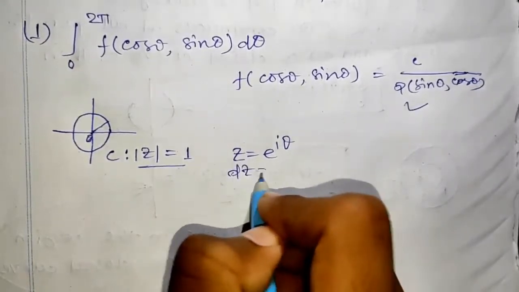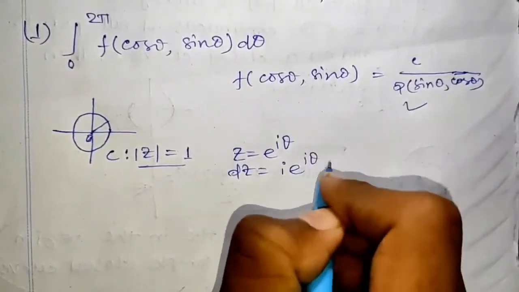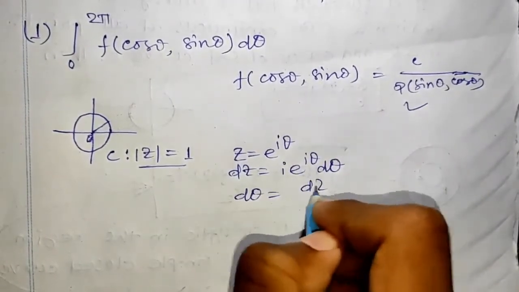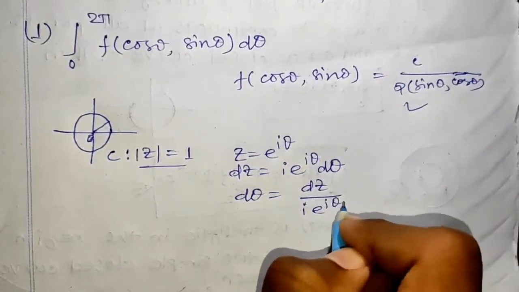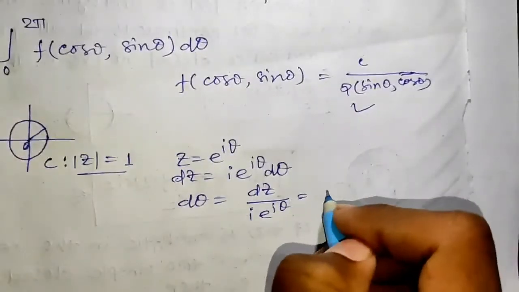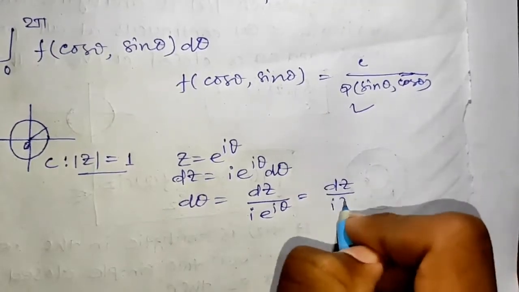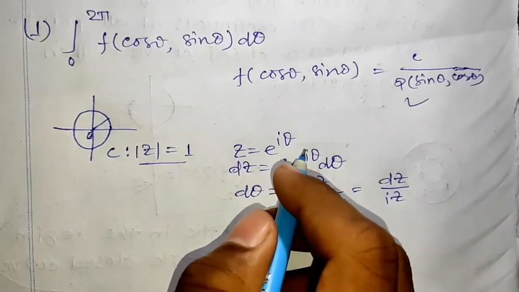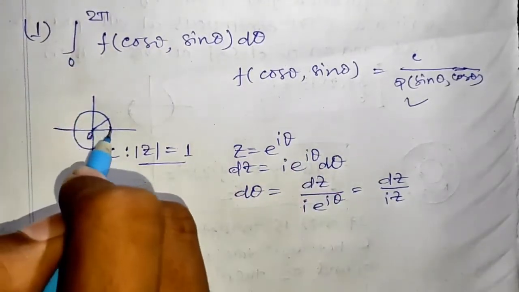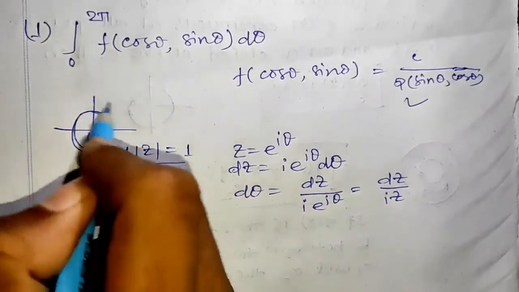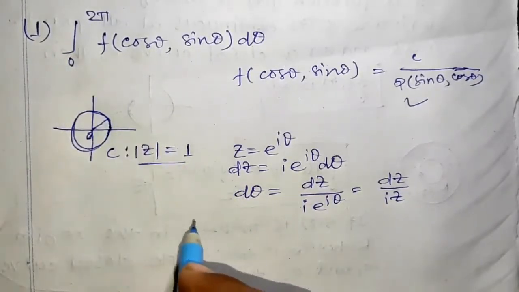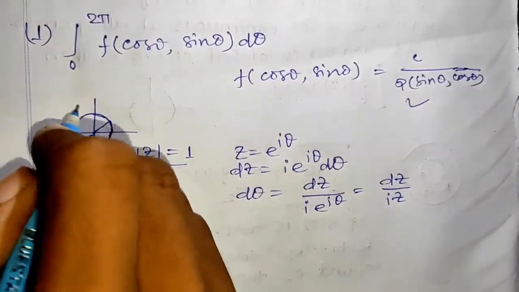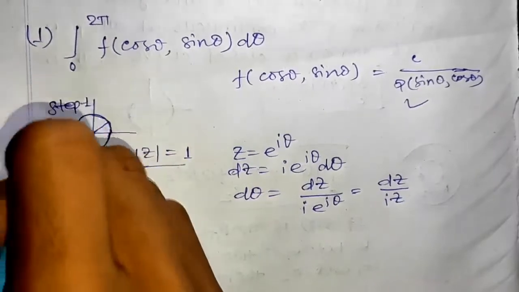So dz will be i e to the power i theta d theta, and d theta equals dz by i e to the power i theta, and we know z equals e to the power i theta, so d theta equals dz by i z. Now as the limit is from 0 to 2 pi, this is the full circle, so the integration is along the closed curve C, which is modulus z equals 1. This is step 1.